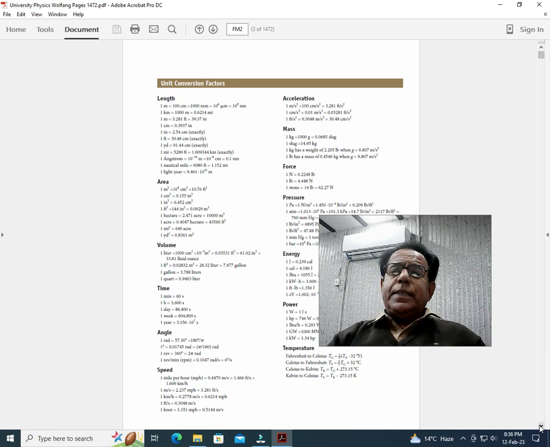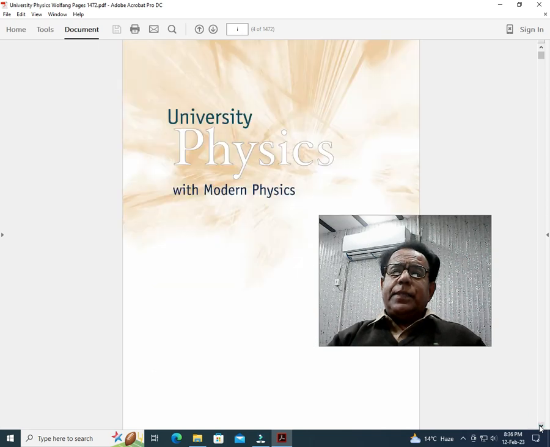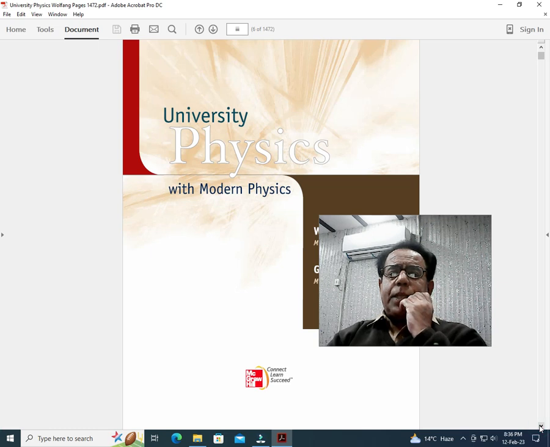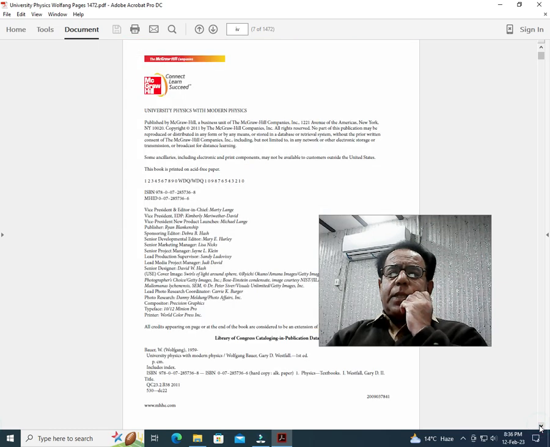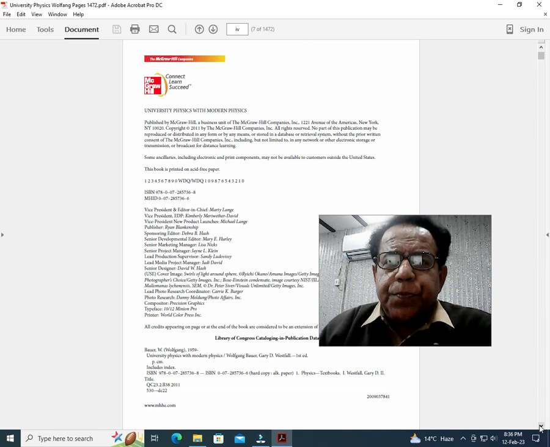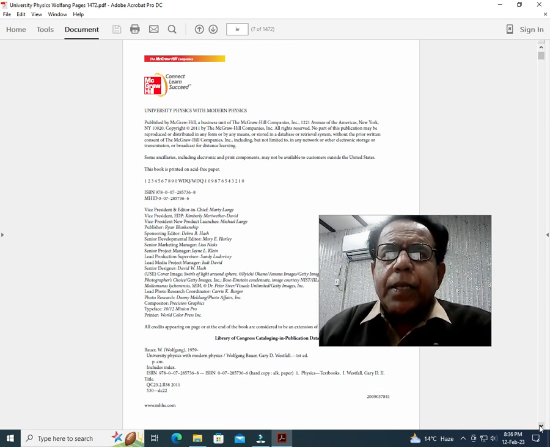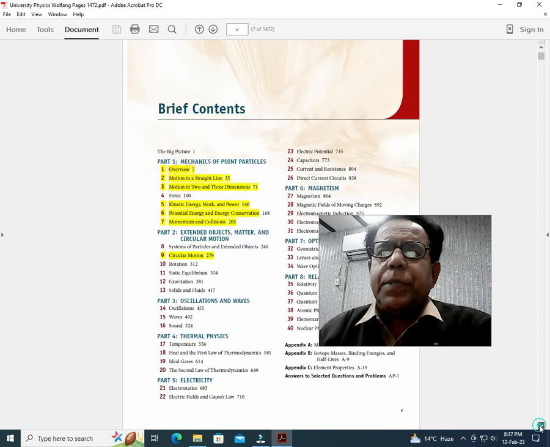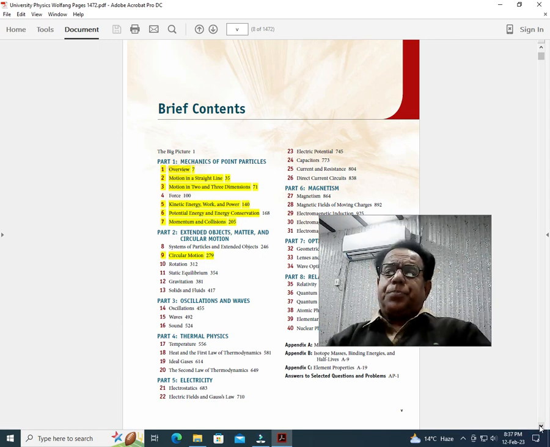These are the conversion factors. This is University Physics with Modern Physics, copyright 2011. It was published in the year 2011.